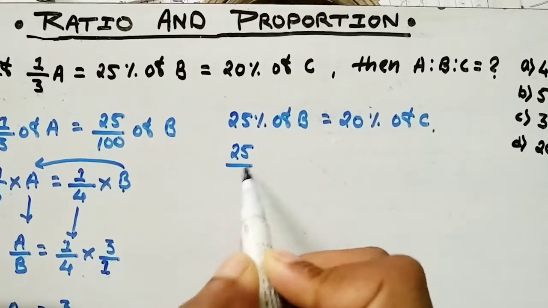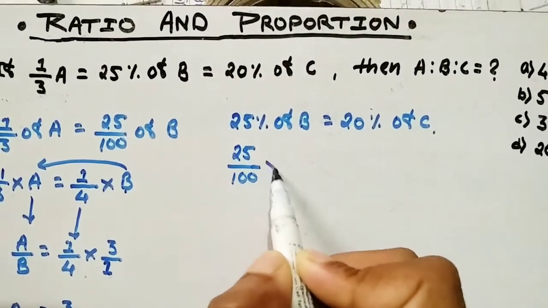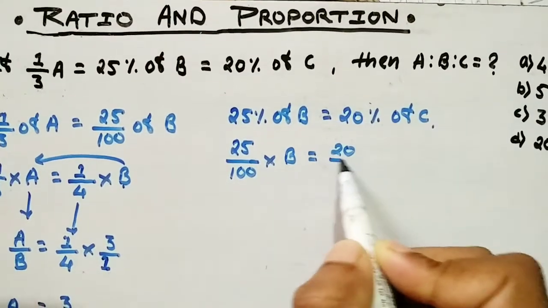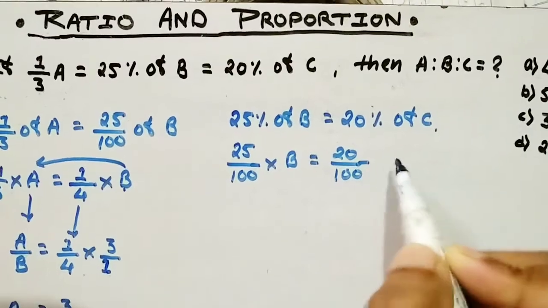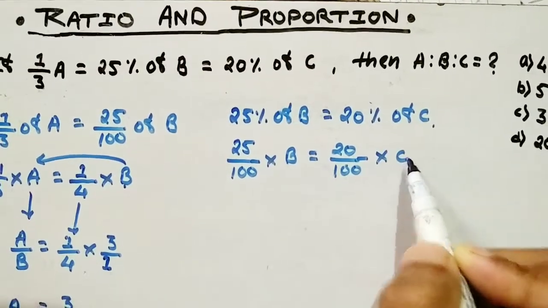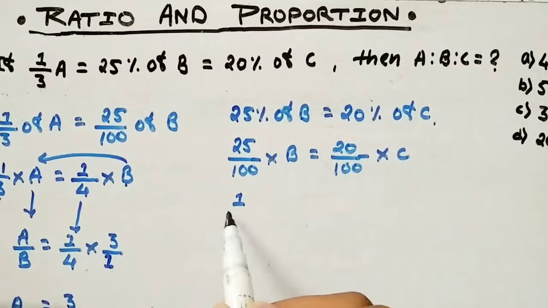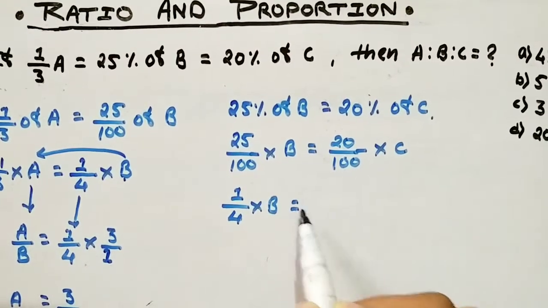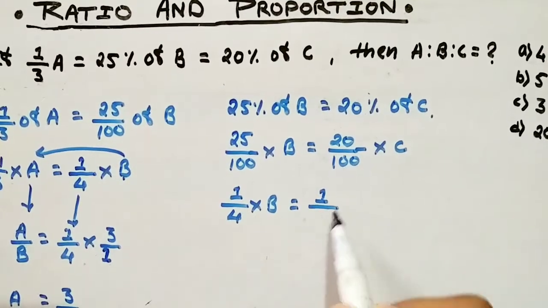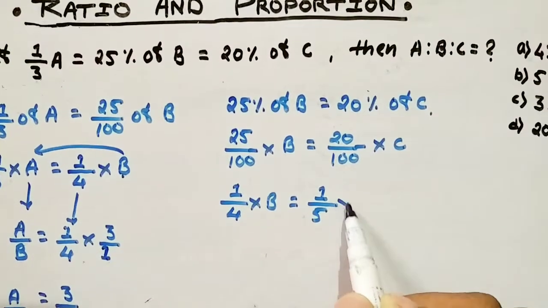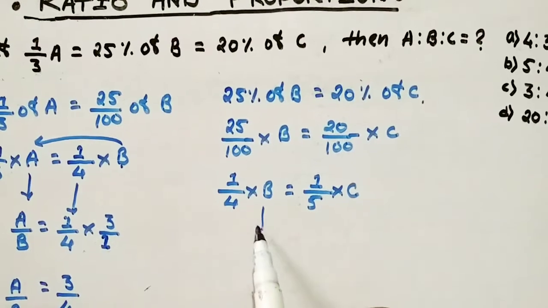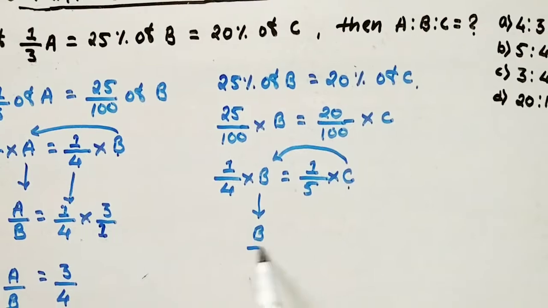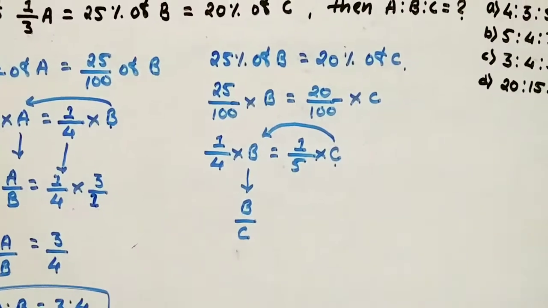That is 25 divided by 100 multiplication with B. And 20% means 20 by 100 multiplication with C. So 25 ones are 25, 25 fours are 100 multiplication with B. And 20 ones are 20, 20 fives are 100 into C. So next step, B as it is and C moves to the left side, the denominator side.